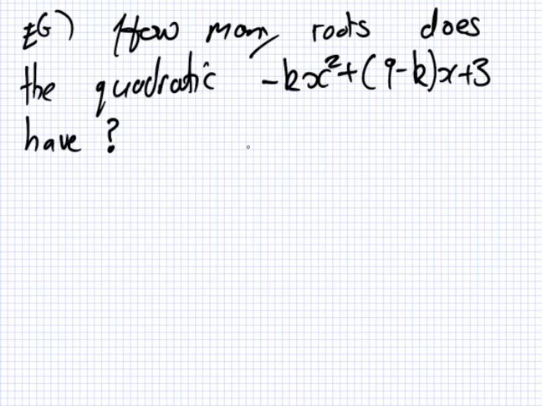That is 16k squared minus 16k squared, which equals 0. So in fact, how many roots? 1 root. Even though you don't know what k is, you can still know how many roots there will be.